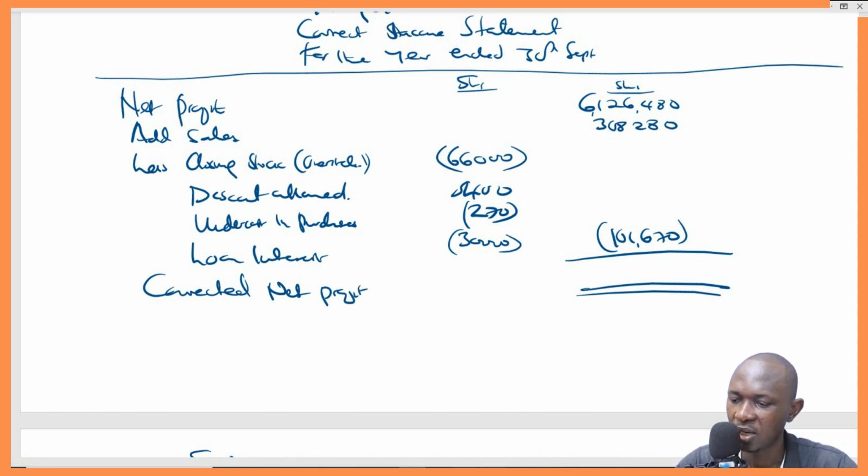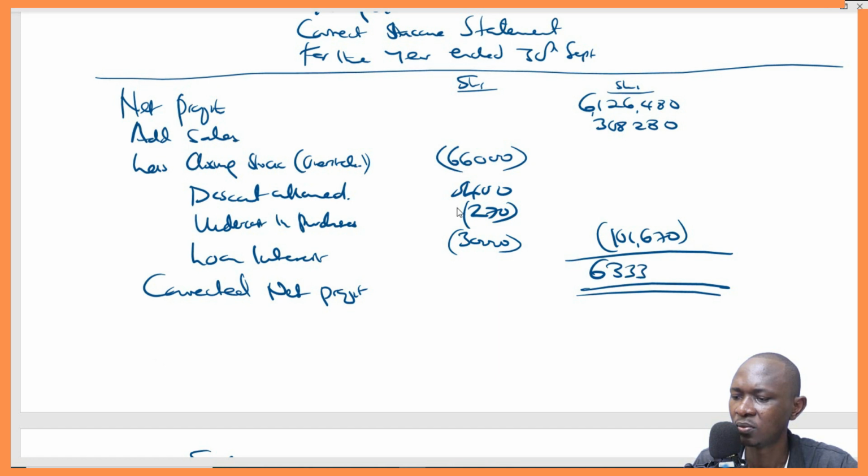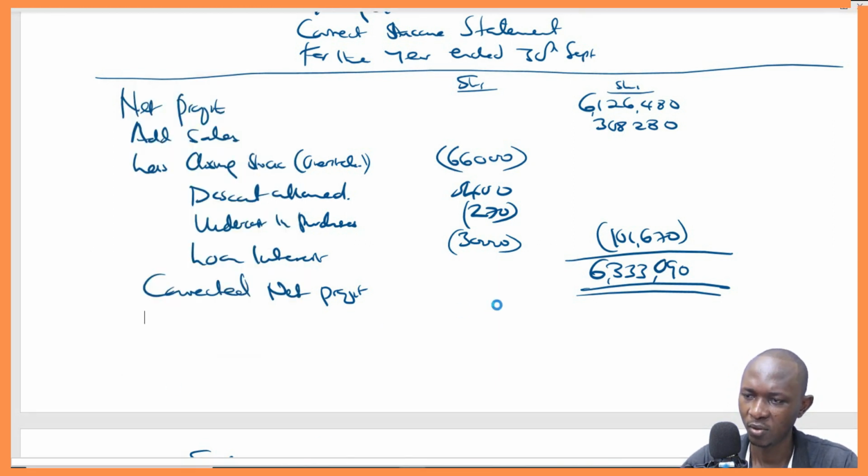This is 6,126,480 plus 308,280 minus 101,670, which gives 6,333,090. So that's where we are.